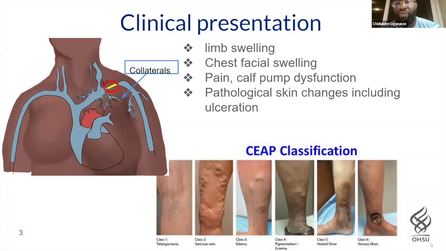The mainstay of treatment for class 1 to class 5 symptoms is high-grade compression stockings, or in the case of varicose veins, sclerotherapy or phlebectomies, etc.